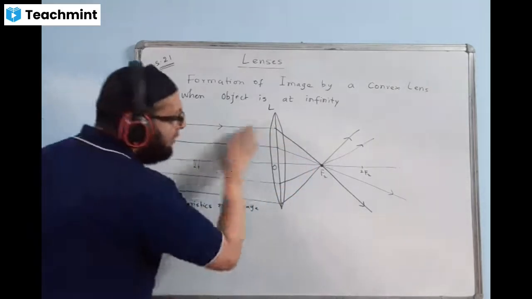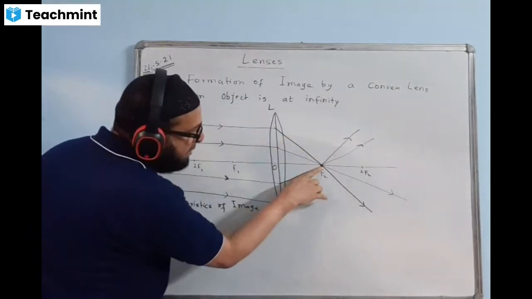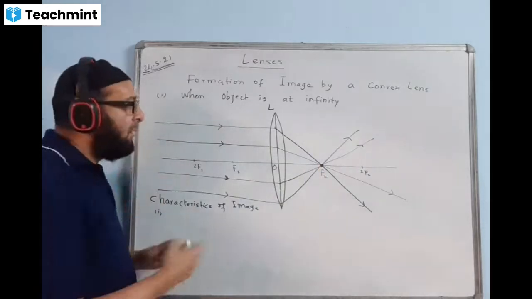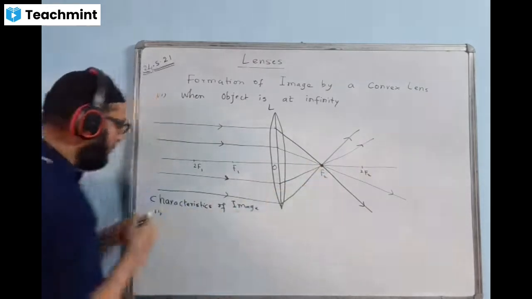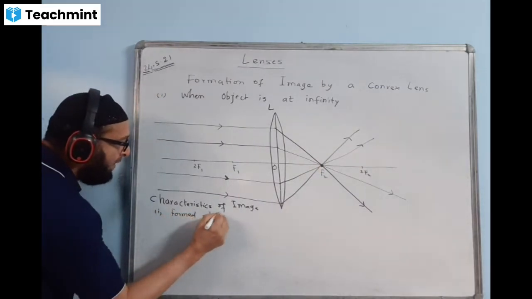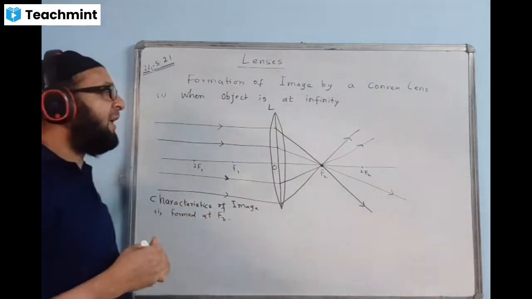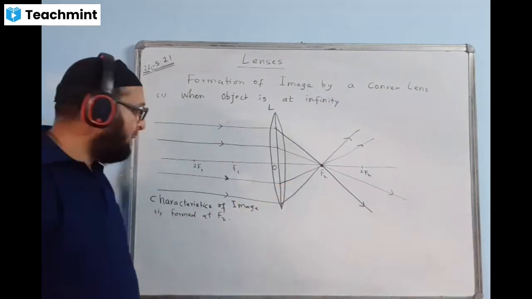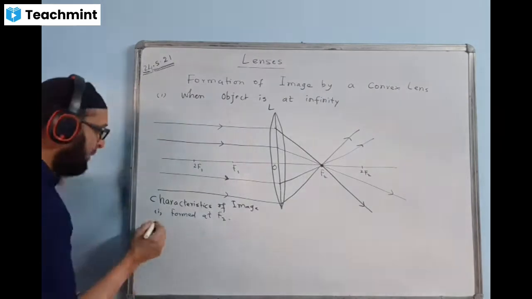You can see all the rays after refraction are meeting at this point. Where the rays meet after refraction, there the image is formed. We say the image is formed at F2, or we can say formed at F. F means principal focus.